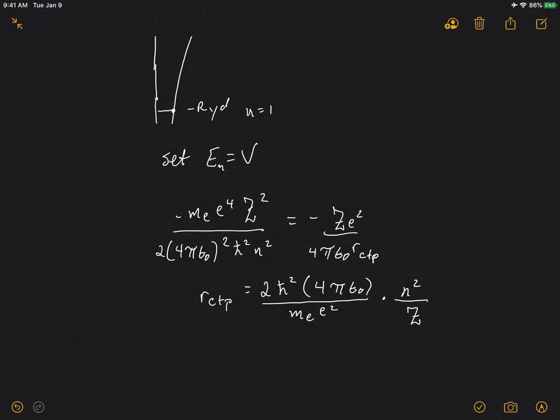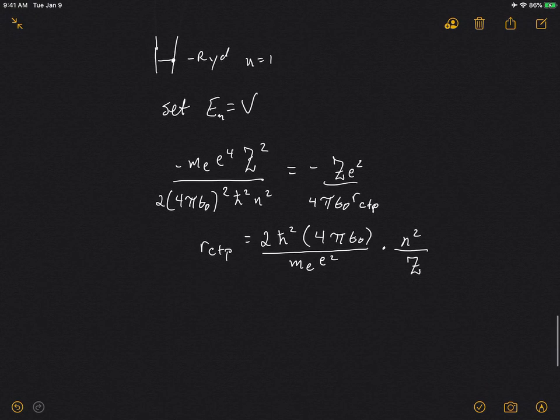So the classical turning point depends on the quantum number squared.